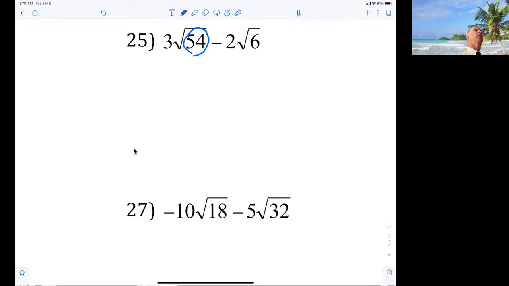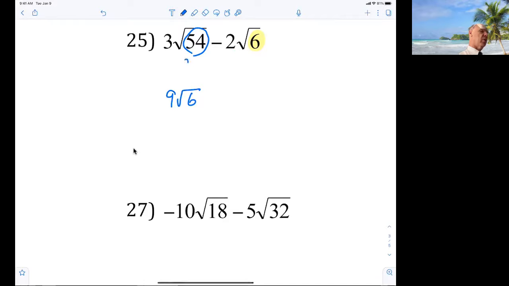9 times 6. Now, again, thank you, Tucker. I always tell kids there's usually a clue in the problem. The other one, right? So 9 times 6 is 54. So 54 breaks down to what? 9 radical 6. Now, why technically is it 9 radical 6? Because there's an extra 3 out here.